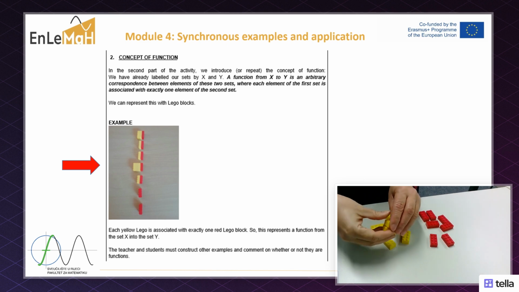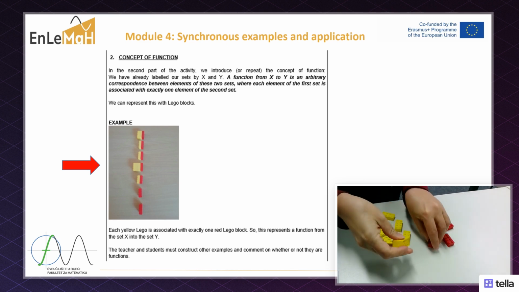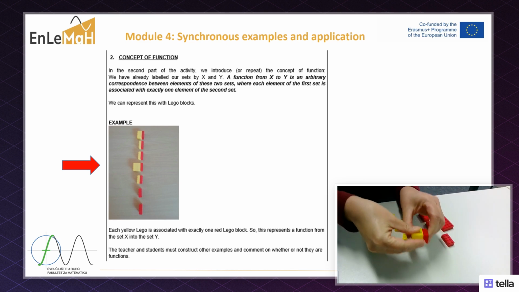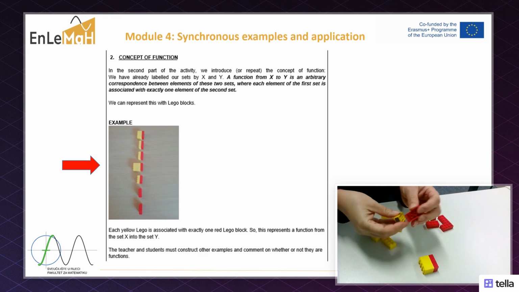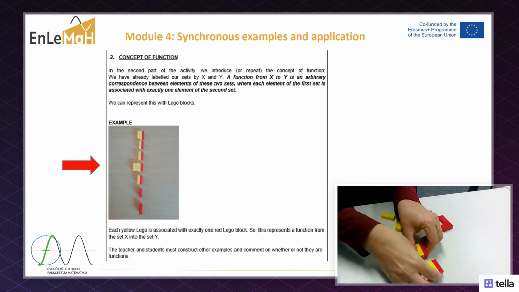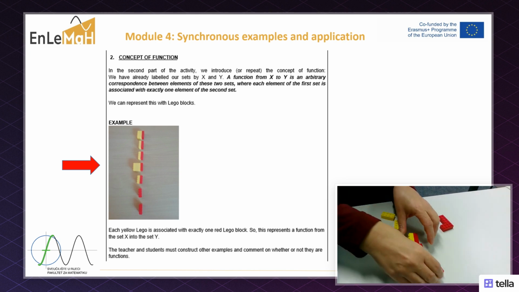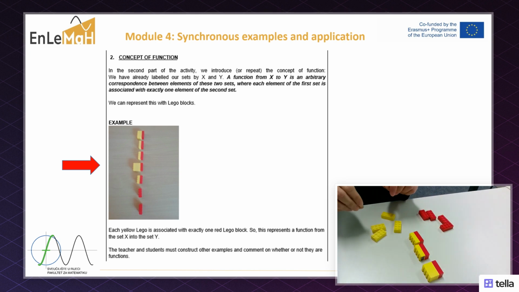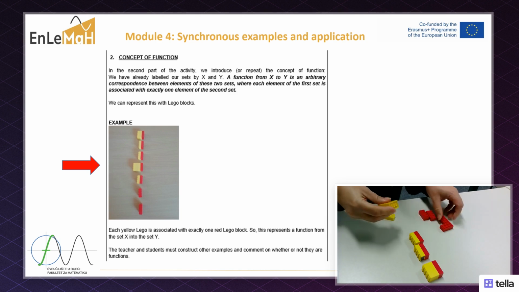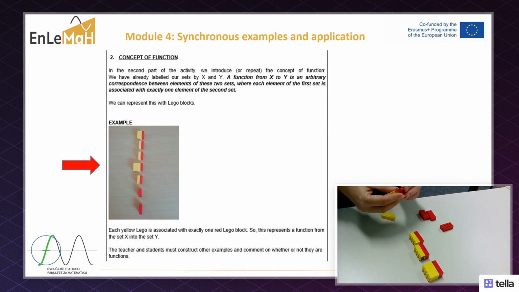So in this example, we try to model a function from the elements of two sets. Yellow blocks are elements of set X, which is the domain of our function. Red blocks are elements of the second set, which is the codomain of our function.